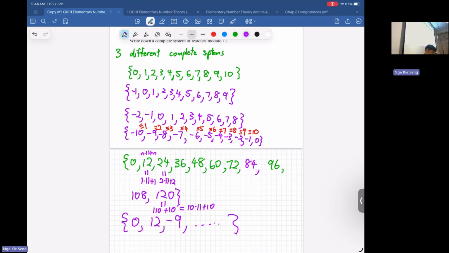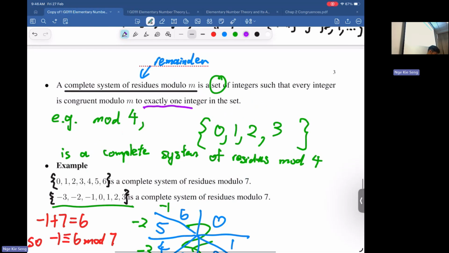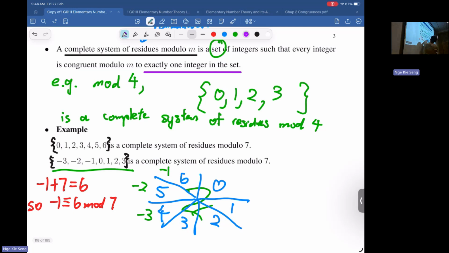Okay, very good. So as long as you pick enough numbers so that your integer can sit in exactly one slice of this. Sometimes we call this a partition. So this equivalence class system will partition your integers.